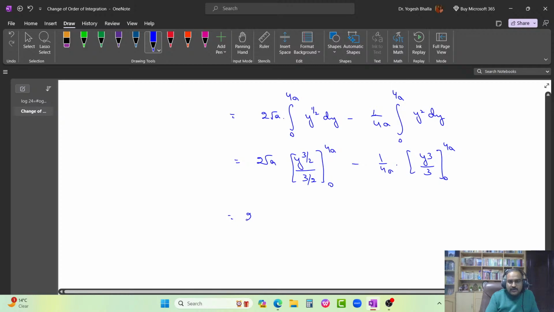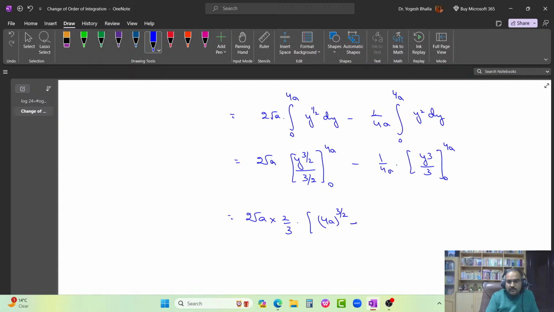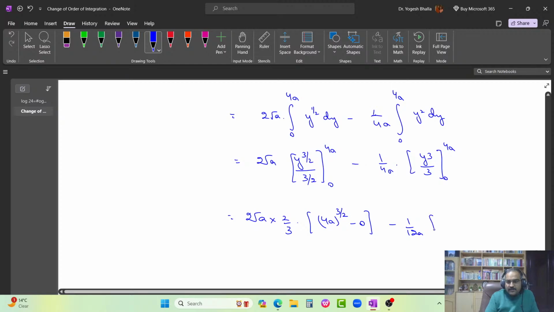So it comes to be 2 root a into 2 by 3, upper limit 4a raised to power 3 by 2 minus 0, minus 1 by 12a into 4a cube minus 0. So it will be 4 root a by 3 outside.